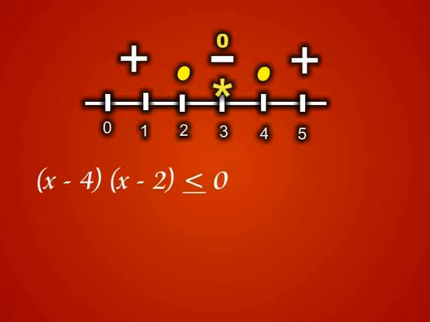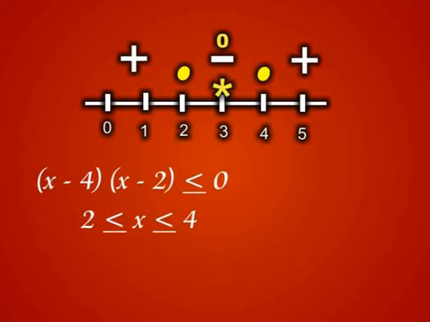Now take a look at the number line. It is negative between 2 and 4, and it cannot equal 3. The way we're going to write that out, we are going to say, therefore, x is greater than or equals to 2. The reason being greater than or equals to is because we're looking for when it's less than or equals to 0.